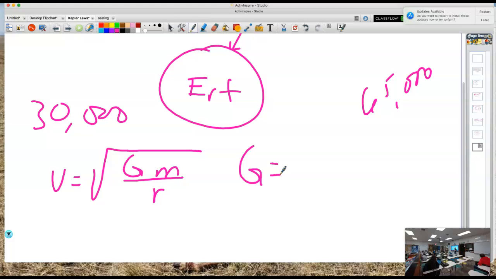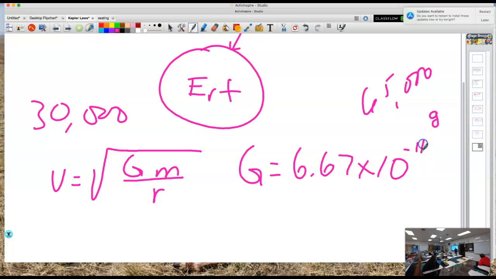We call it, and you've got to say it right, the gravitational constant. Because when you do some physics, there's also lowercase g. So those are two different things. Capital G is the gravitational constant, and it's 6.67 times 10 to the negative 11.